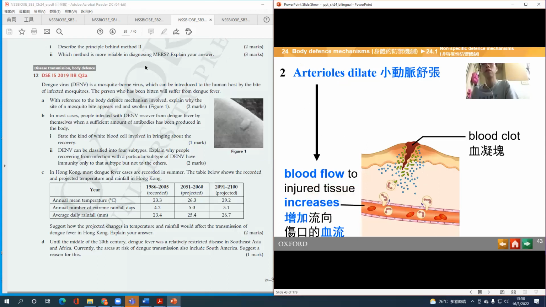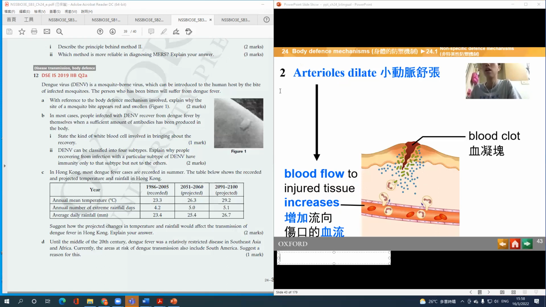The explanation separates into two points. Redness is caused by the dilation of arterioles.